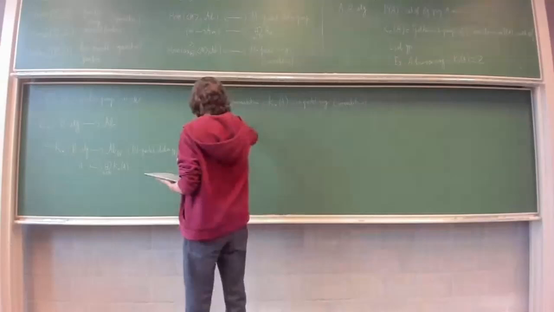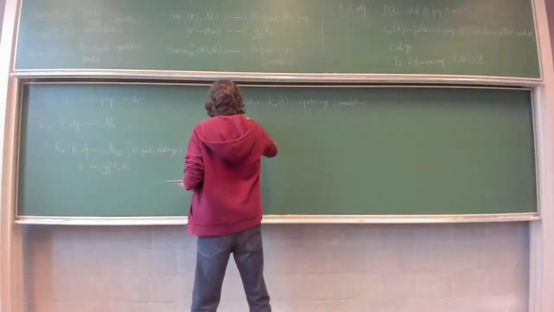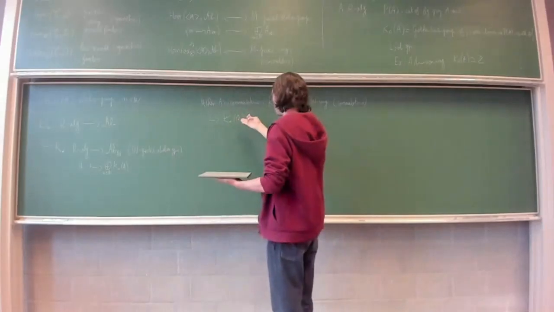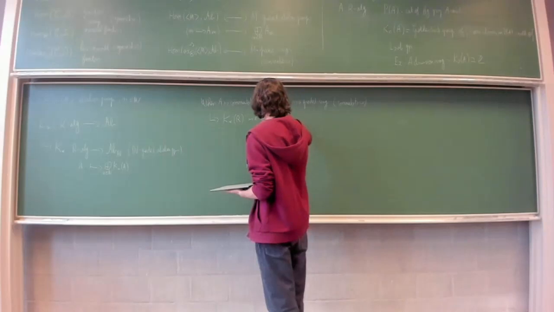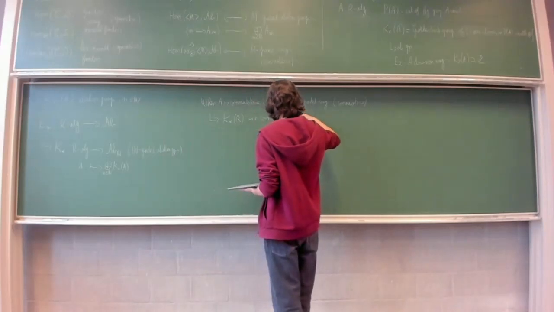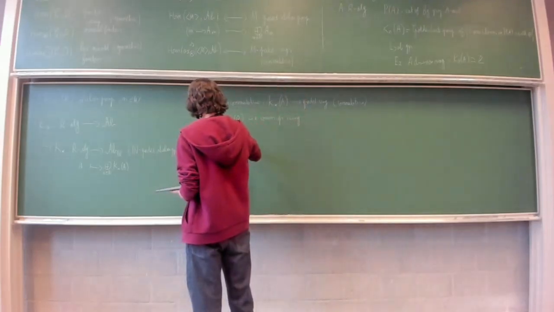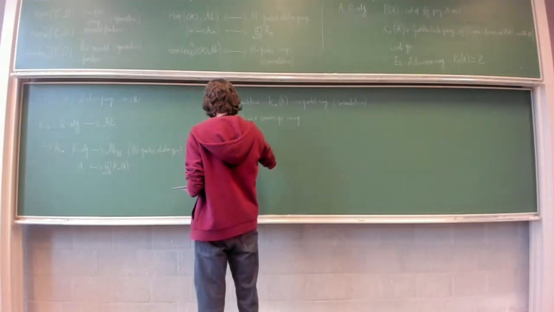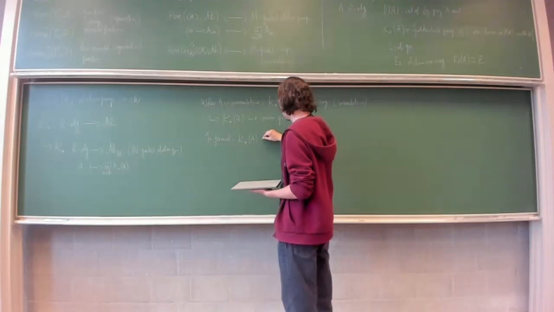So in particular, this means that when A equals R, this is a graded ring. Okay, so in general, the K-theory of A is just a graded module.